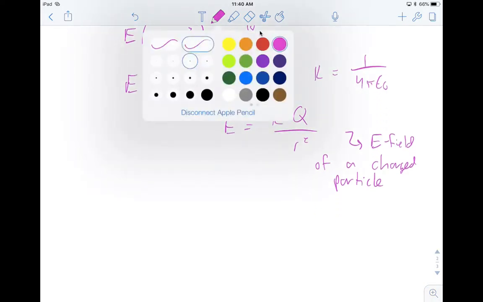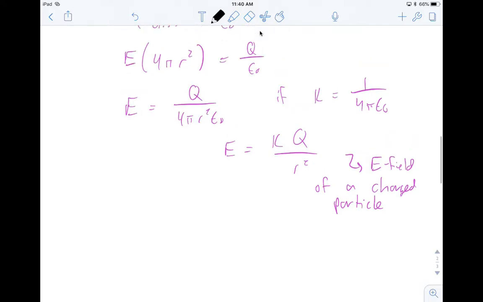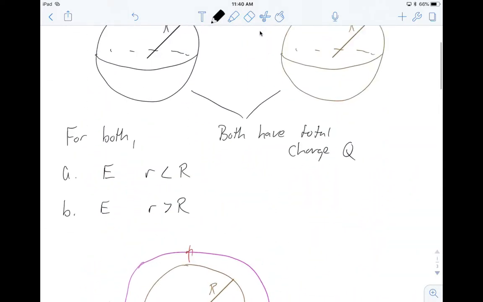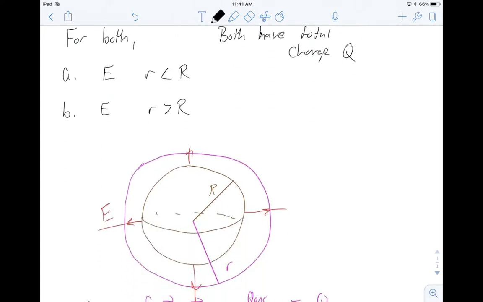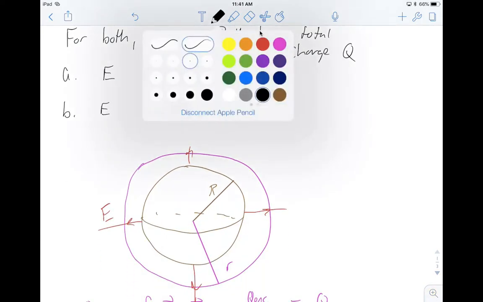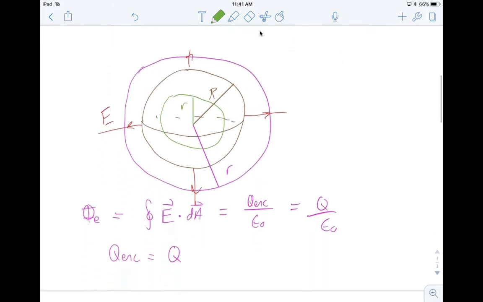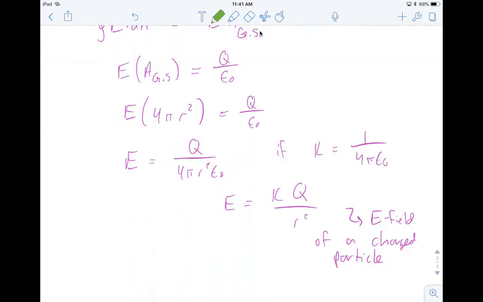Now we want to figure out the electric field inside. I did this backwards; this is actually part B. So for the electric field inside of the charged sphere, we pick another Gaussian surface inside of the charged sphere, with a radius of little r again, but now r is less than big R. We apply the same rule here.